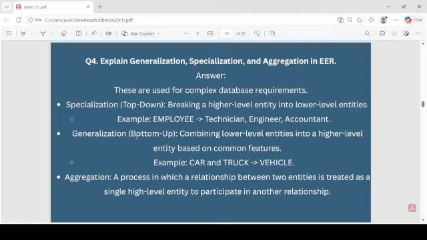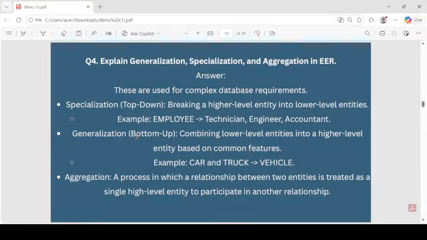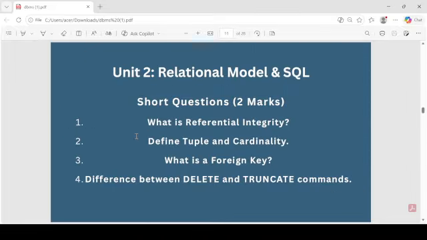The last one is aggregation, a process in which a relationship between two entities is treated as a single high-level entity to participate in another relationship. So these are generalization, specialization and aggregation of unit 1, which may be considered for 7 marks or 10 marks. All these are important questions, and they are asked the most in your exams.